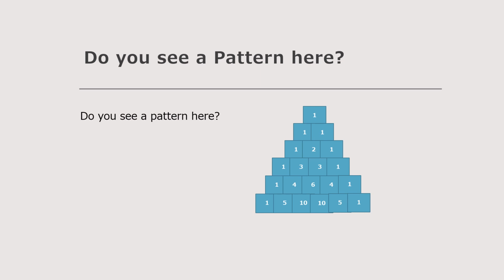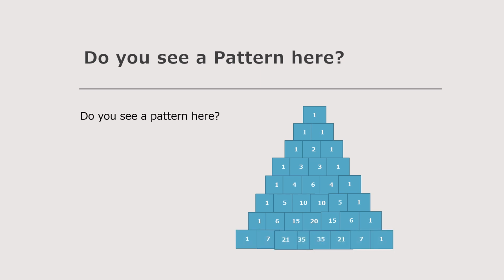Now let's take a look at the row after this. 1 and 2 ends, 6, 15, 20, 15, 6. So we can see a pattern appearing here in the different square blocks. We are adding the numbers on the 2 blocks above to get the number on the block just underneath it. Let us see what the last row looks like.